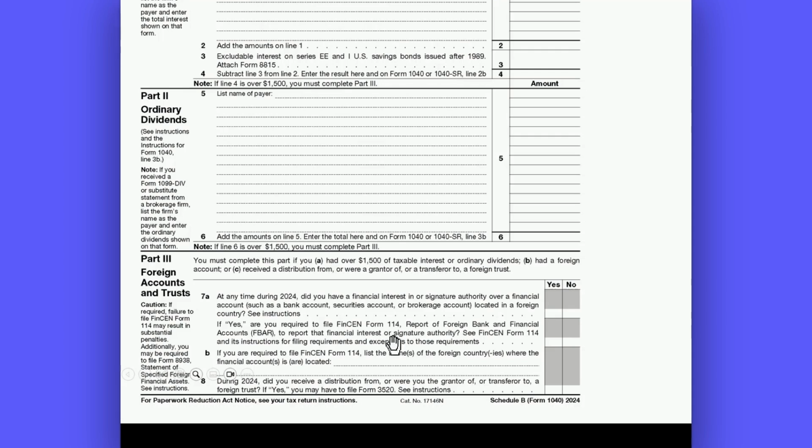And so you have to answer either yes or no. If you answer yes to that, then you have to list here the names of the foreign countries where you had any financial accounts. Then the last question is, during 2024, did you receive a distribution from or were you a grantor of or transferor to a foreign trust? And then you are going to click yes there. And it reminds you that if you say yes, you may have to file Form 3520, that we will look at here in a few minutes.